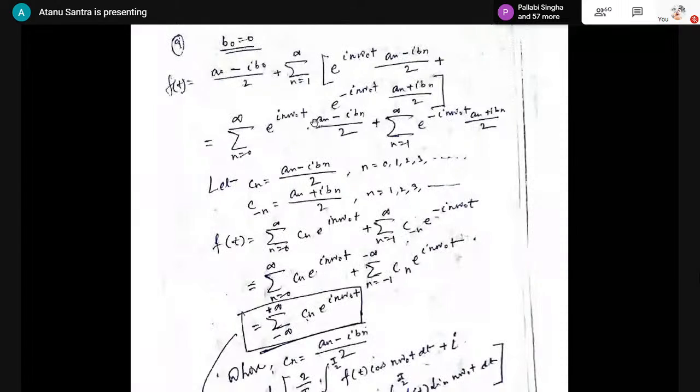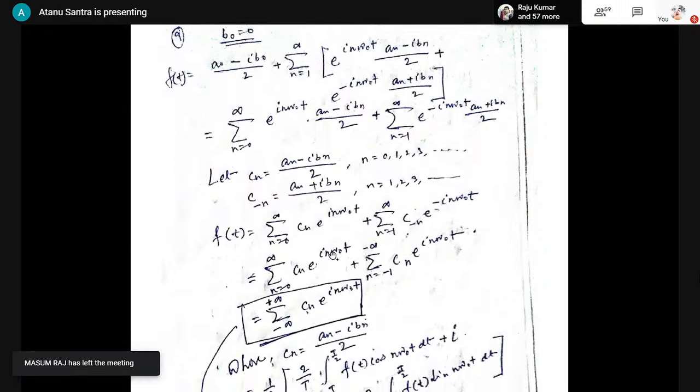Now this is an imagination. That means we may take Cn is equal to an minus ibn by 2 and C minus n is equal to an plus ibn by 2. If we substitute this whole expression by Cn and C minus n, f(t) is equal to summation n is equal to 0 to infinity Cn e to the power this expression, and n is equal to 1 to this expression.